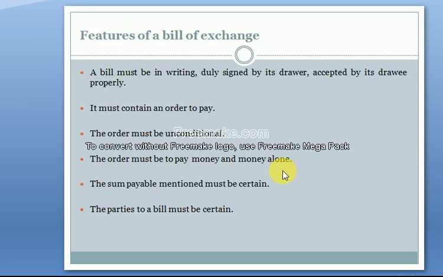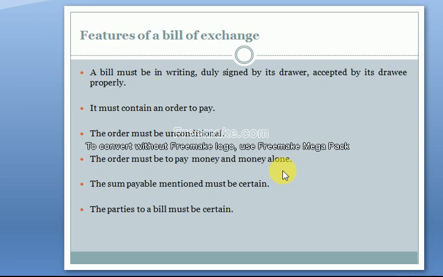The promissory note is issued by the borrower, but in the case of a bill of exchange, it is issued by the lender to the borrower. The borrower accepts that bill of exchange, signs it and returns it to the lender.